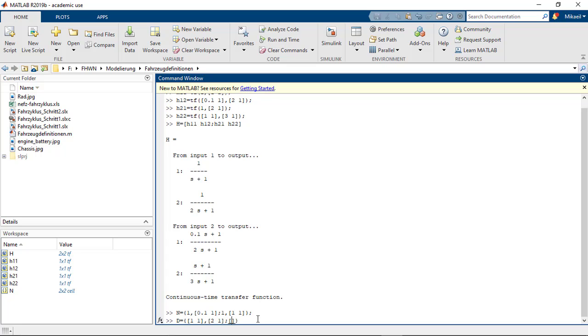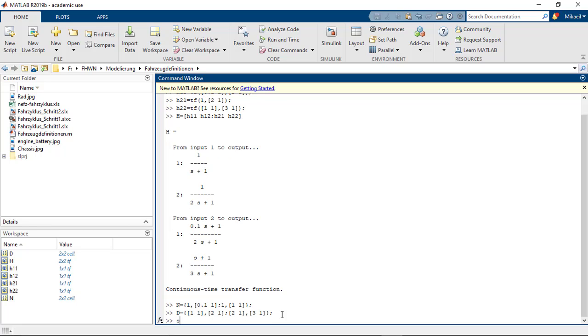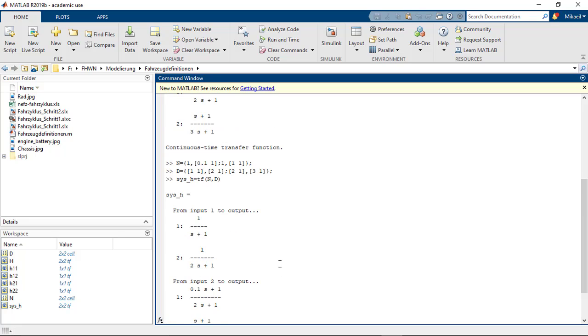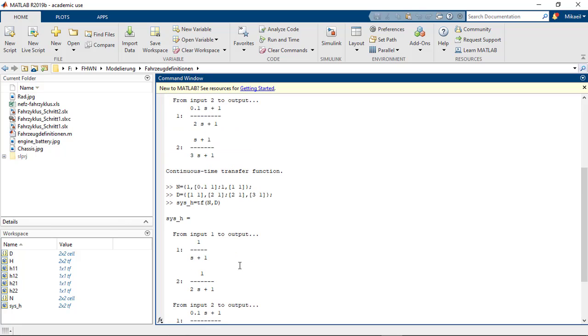For h21 I have 2, 1, and for h22 I have 3, 1. Now I write for system H equals transfer function, parentheses, numerator and denominator. Enter. As you see, we got the same results as the last way.